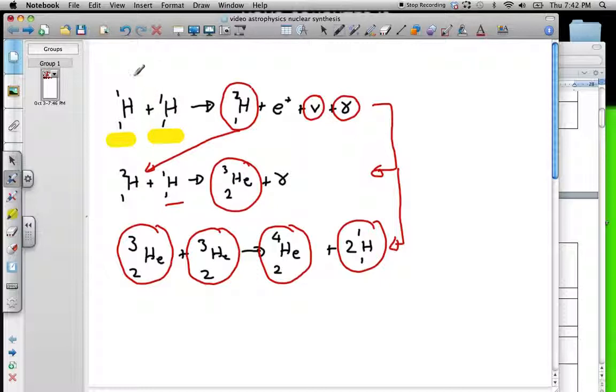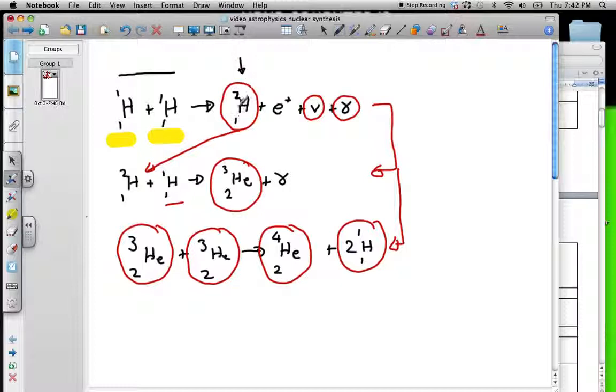We've got hydrogen, the regular hydrogen isotope, which is just basically a proton. These two fuse together, we get nuclear fusion, and the deuterium isotope forms.